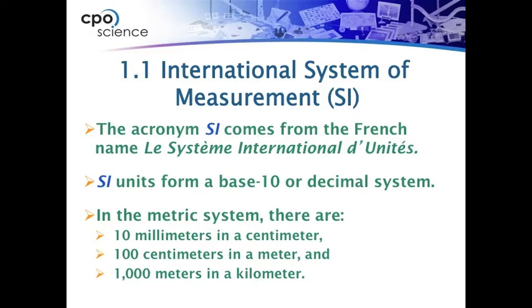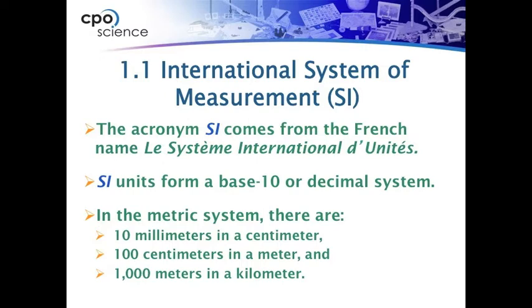But just to give you the reasoning is because the SI, the units are from a base of 10. So what that means is that in this metric system, in the SI system, there's 10 millimeters in a centimeter, 100 centimeters in a meter, and 1,000 meters in a kilometer.